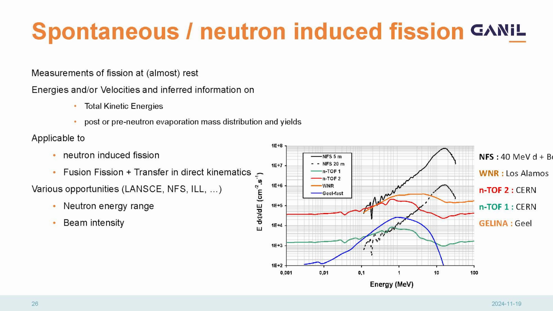So here I just highlight that for those neutron measurements, there are several facilities that are now in line or already producing data, with different energy ranges and different fluxes, and this was shown already yesterday. So now we can measure a lot of systems.